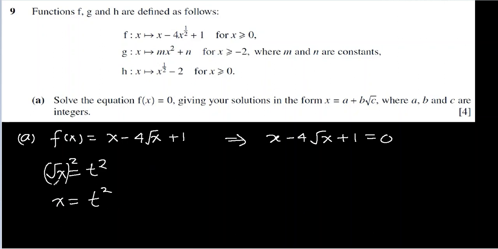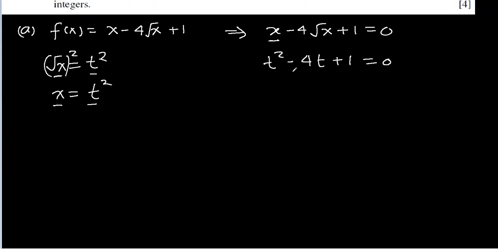So square root x is t, x is t square. So what does this equation become now? x is t square, minus, square root x is t, plus 1 equal to 0. And now it becomes a simple quadratic equation that we can solve.